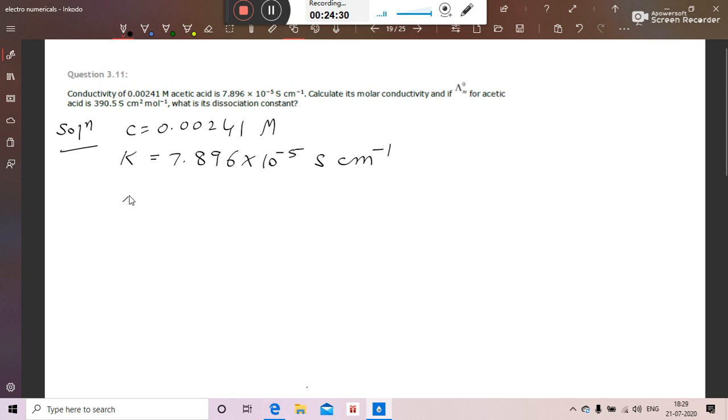Calculate its molar conductivity lambda m, and lambda m naught for acetic acid is given as 390 Siemens centimeter square mole inverse, and we have to find out the dissociation constant of the weak acid, acetic acid, that is Ka.